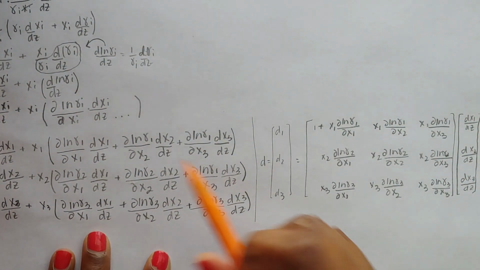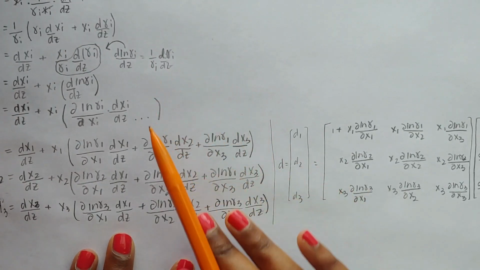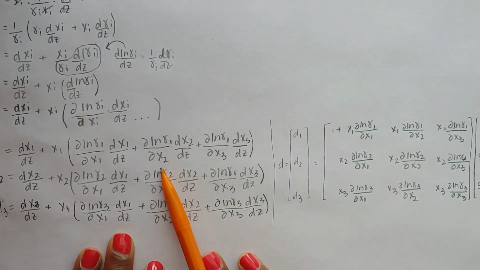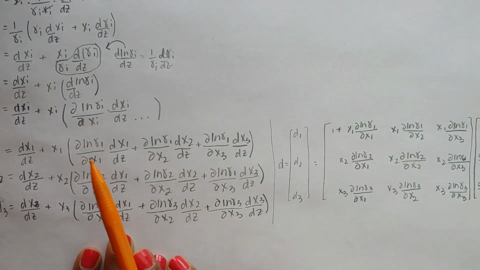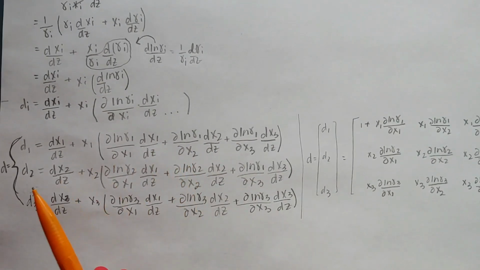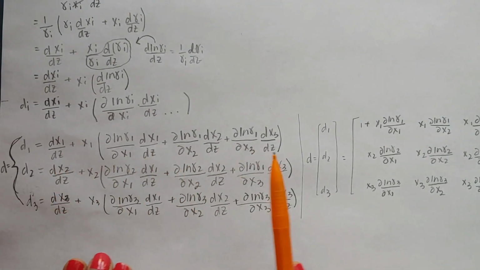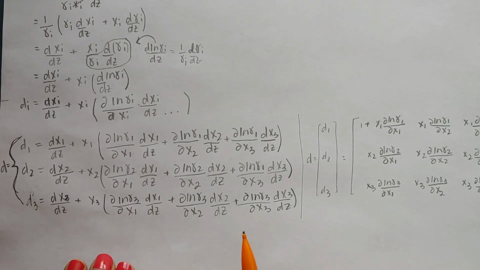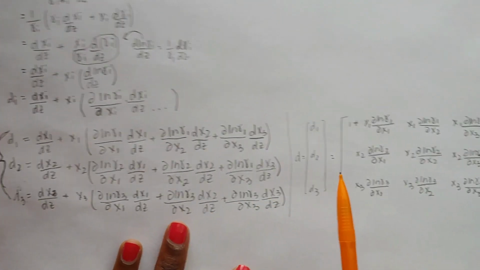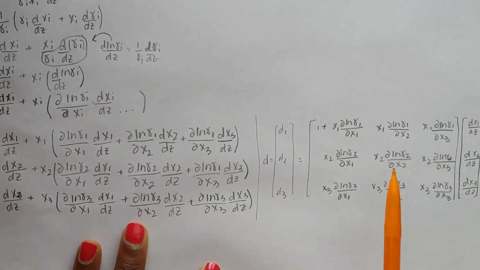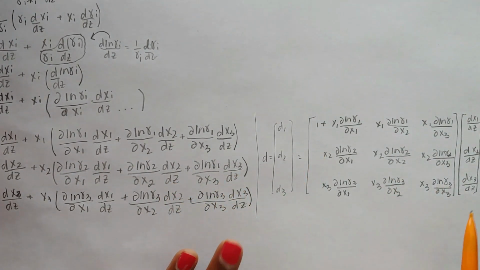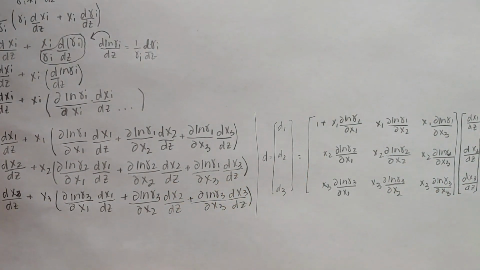So from this derivation, we expanded it out for the activity coefficients, to see how the activity coefficients from each component are relating to each driving force of each component, which we can then write out as a matrix multiplication.